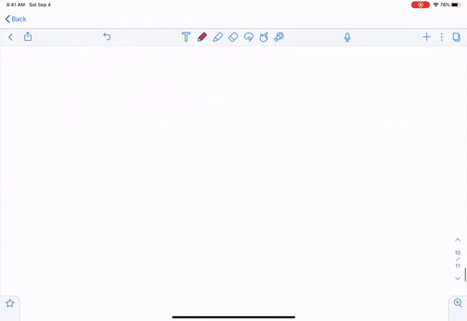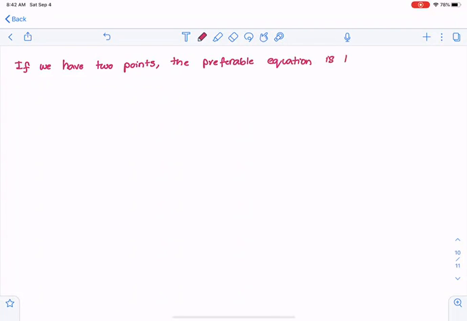Depending on the case, if we have 2 points, the preferable equation form is the slope-intercept form.